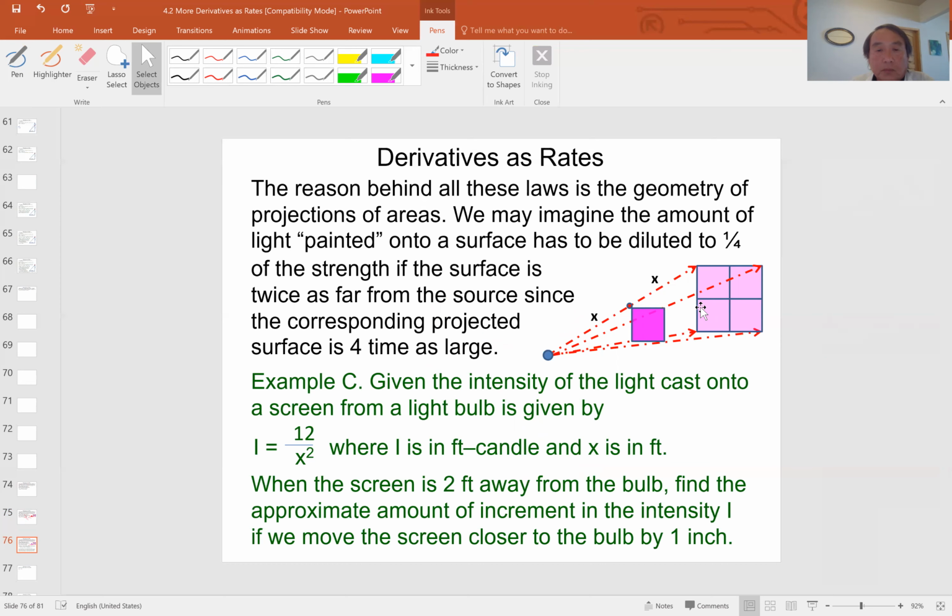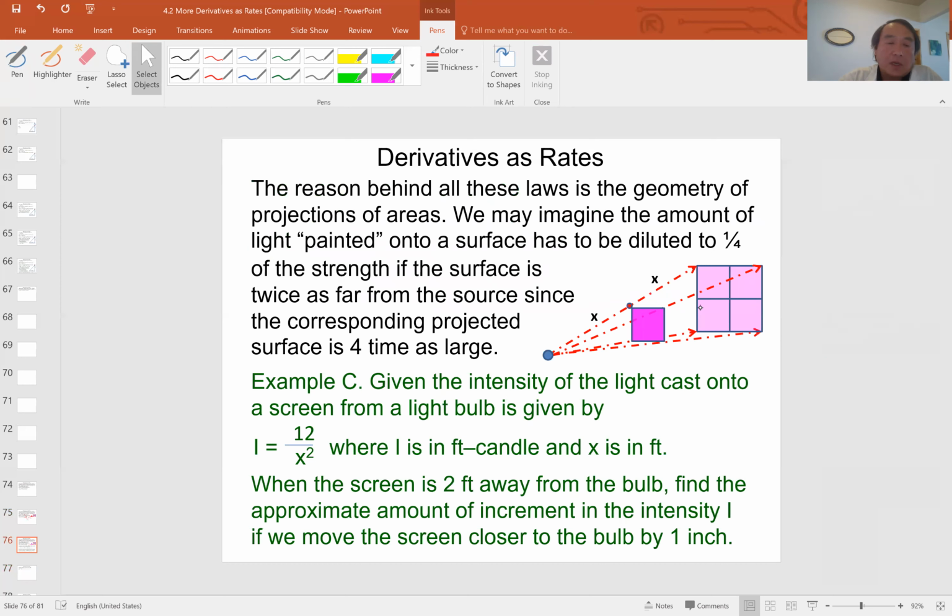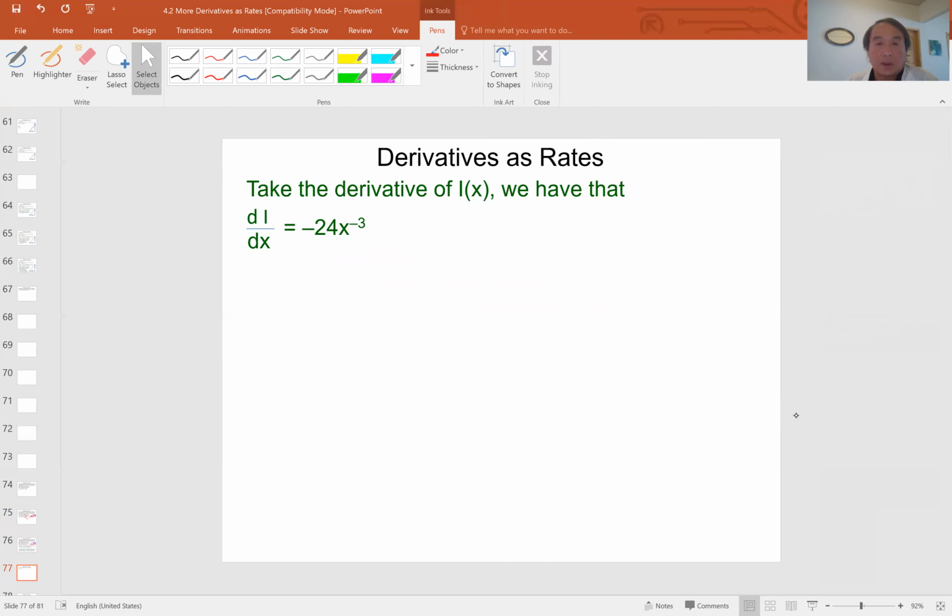So here, suppose we have a light source that's casting light intensity at 12 over x squared. And then we have a screen that's 2 feet away, and we ask how strong the intensity of the light is. Plugging in 2, it's going to be 3 foot candles at 2 feet away. Now I'm going to calculate the rate of change if I move the object a little closer from 2 feet. How much brighter will it get?